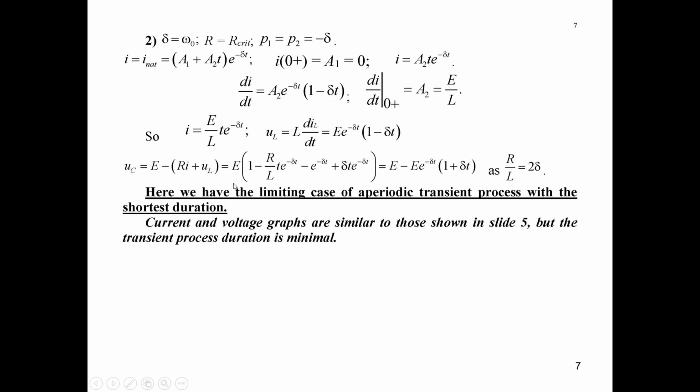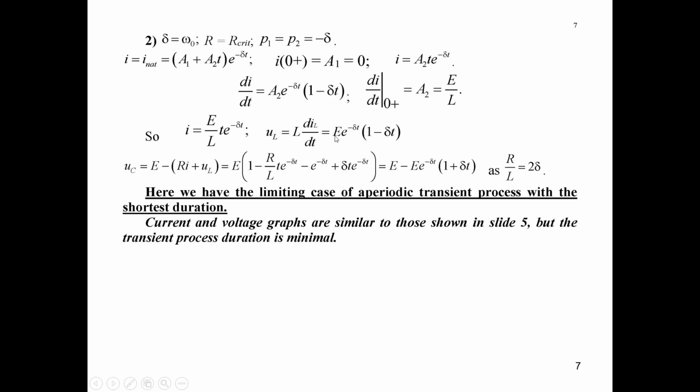We have R multiplied by i, and we put the EMF before these brackets. So for the first item it will be just 1, then minus Ri, it will be E before, R over L here, multiplied by t, e to the minus delta t, in this item here, plus UL.